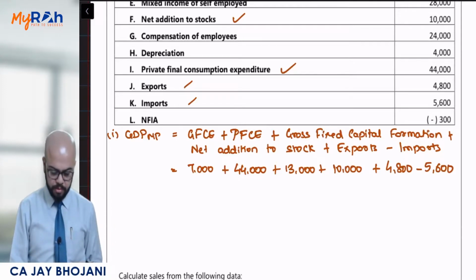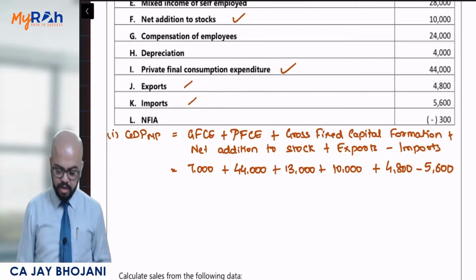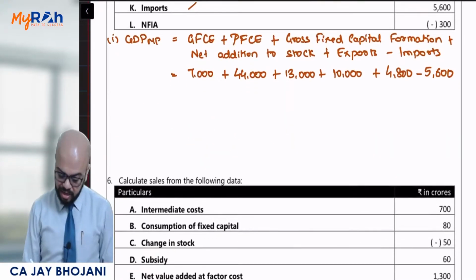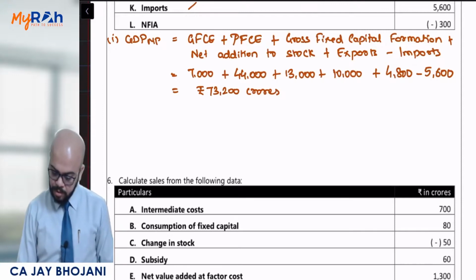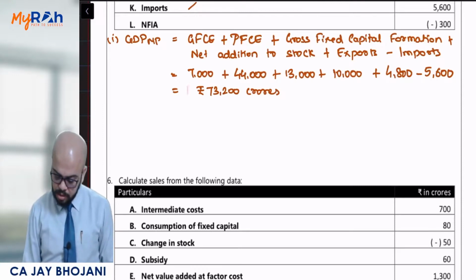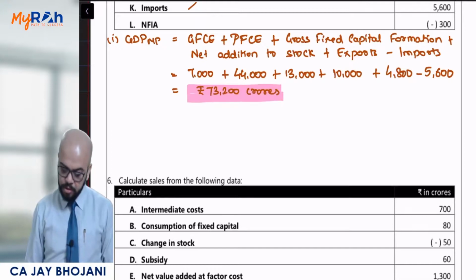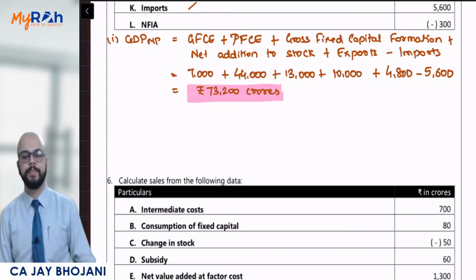Okay, so 7,000 plus 44,000 plus 13,000 plus 10,000 plus 4,800 minus 5,600 will give us 73,200. This is your answer to the first part.